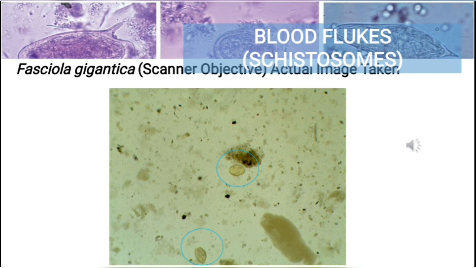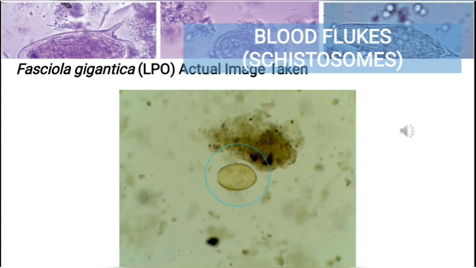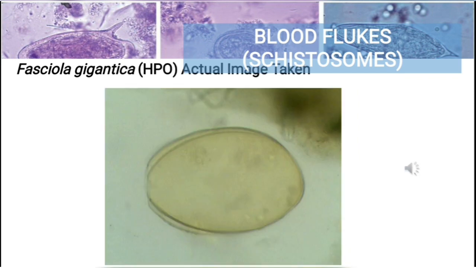Now we also have an actual image of a prepared slide of our Fasciola gigantica under the scanner objective. This is what it looks like under the low power objective. And this is how it looks under the high power objective.